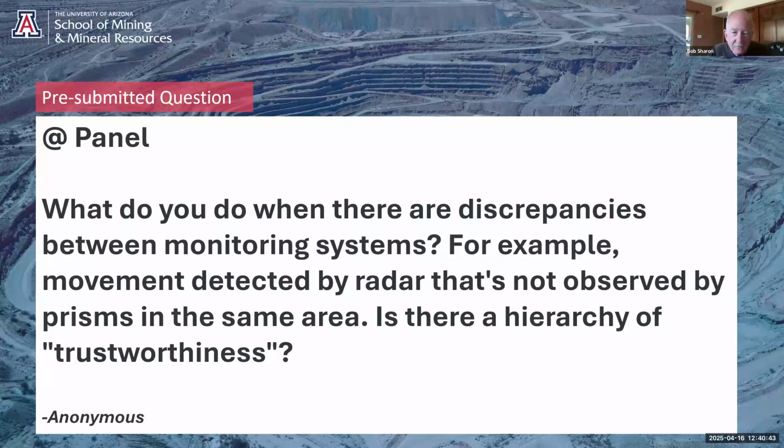I think we should not necessarily establish a hierarchy of trustworthiness in different types of instruments, unless there's a local reason why we don't feel some type of instrument is reliable. Maybe we have a service problem with, say, a total station slope monitoring system. If those are the issues, then we need to get the service problems worked out.